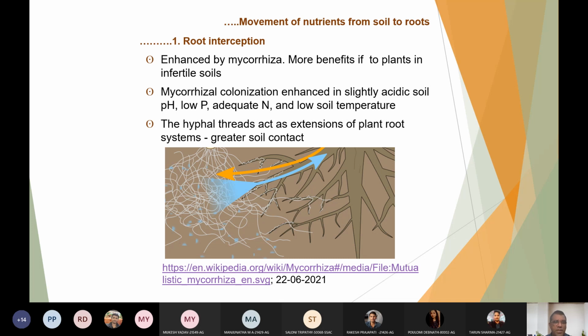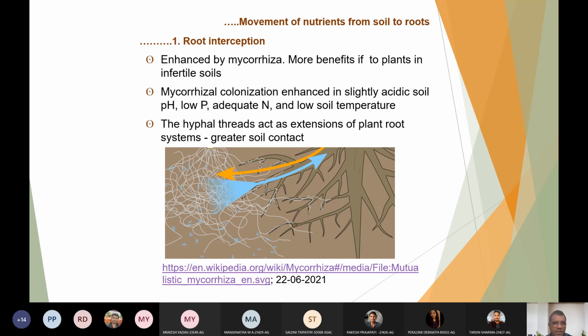So mycorrhizal colonization is enhanced in slightly acidic soil. As you know, fungus or fungi normally prefer an acidic environment and bacteria normally prefer an alkaline environment. So they are good when you have slightly acidic soil or low pH or low phosphorus, but adequate nitrogen supply and low soil temperature. So there may be some range of soil temperature under which these mycorrhiza work better.